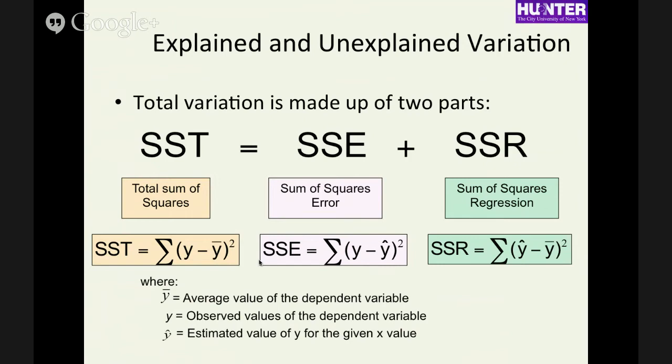So you remember the class last time on analysis of variance? Well, we kind of do that with simple linear regression as well, in that we've got a few sums of squares that we add up.